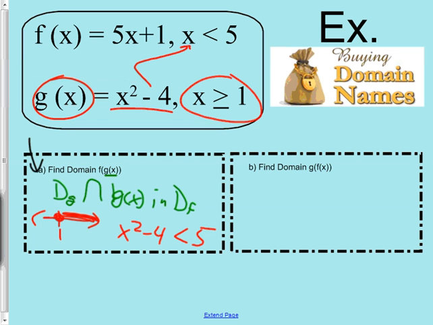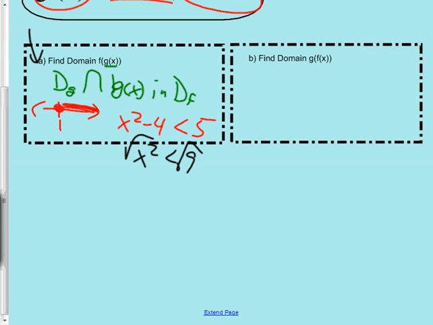Here, let's see if you did this one right. Did you add 4 to both sides and get x squared less than 9? I think most people get that. Square root. And now, do you still fall into this trap? Yeah, got to remember its absolute value of x is less than 3. And that'll give you your 2 answers. Be careful on this part.